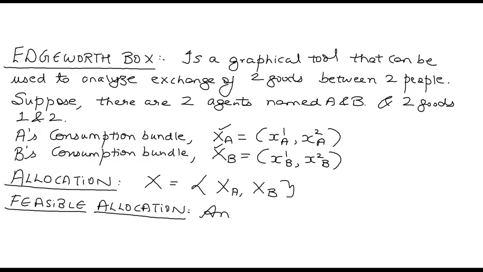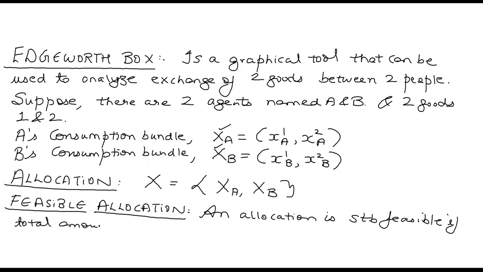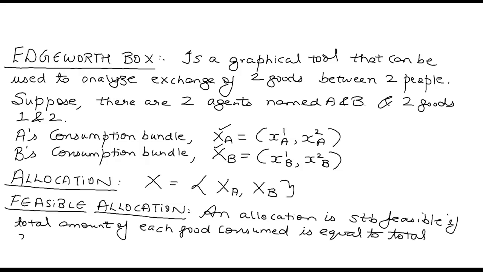An allocation is said to be feasible if the total amount of each good consumed is equal to the total amount available.